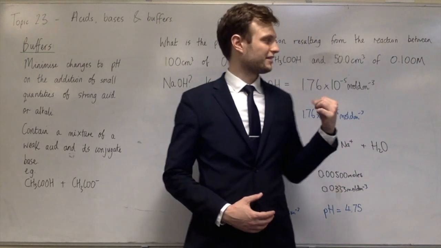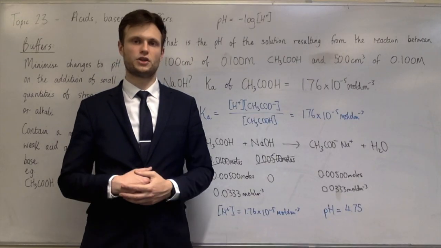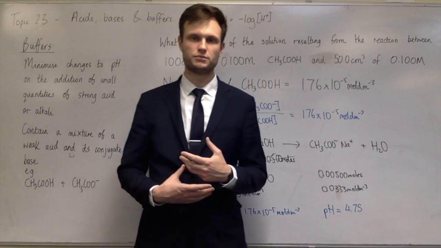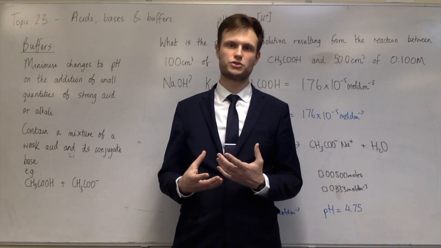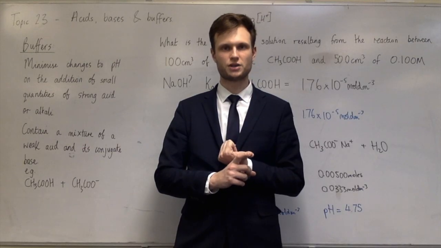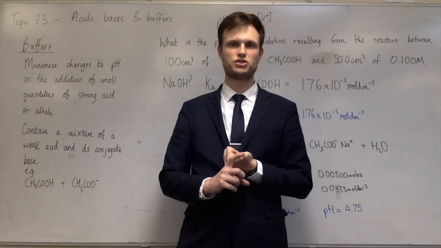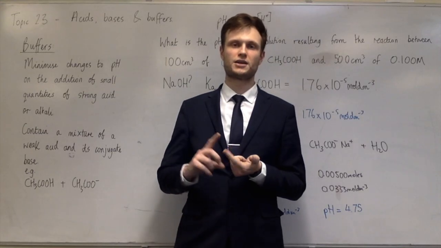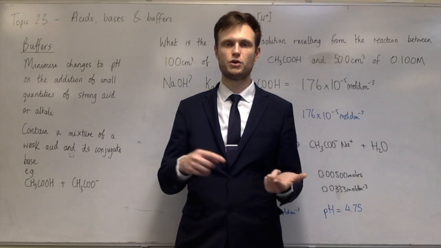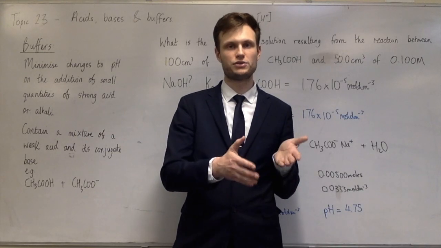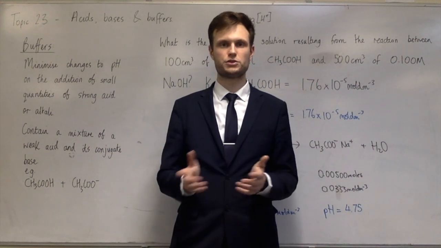Now the carboxylic acid one, specifically ethanoic acid, is quite a common one that comes up. The other common one that comes up is the pH of blood, because the pH of blood is controlled by a buffer solution, and that buffer solution is hydrogen carbonate ions and carbonic acid. So hydrogen carbonate is HCO3-, carbonic acid is H2CO3, and the ratio of HCO3- to H2CO3 controls the pH of the blood.